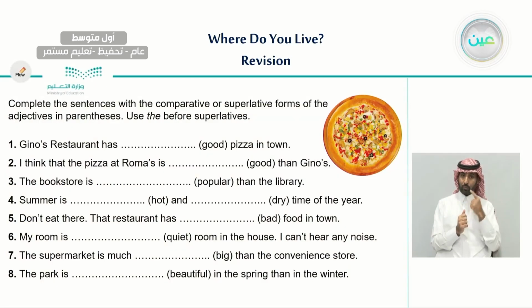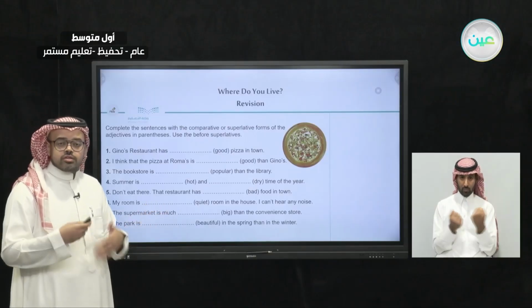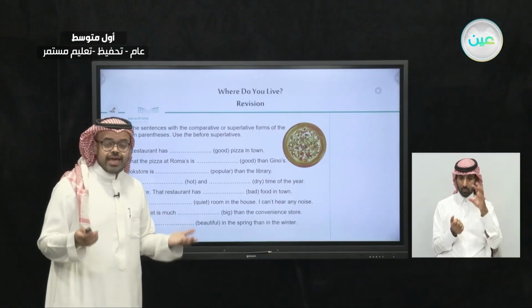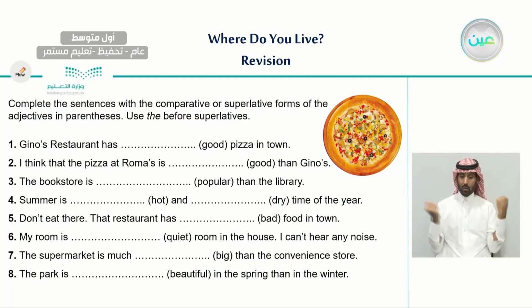And if you remember, we also solved this exercise. Let's remind each other of the answers that we gave. In the last lesson, we did this exercise. Gino's restaurant has the best pizza in town. This exercise asked us to use the adjectives in parentheses in a comparative or a superlative form.